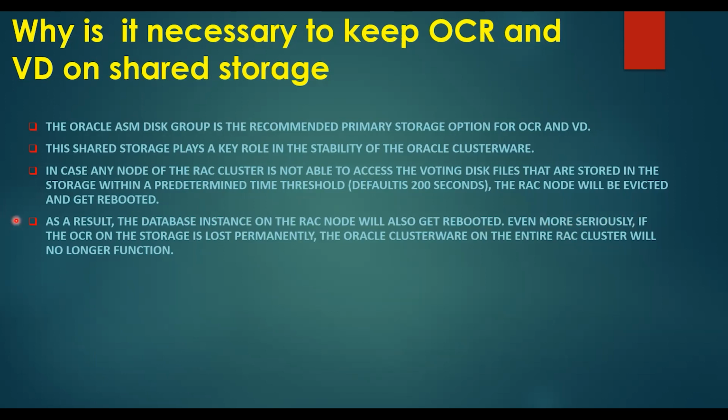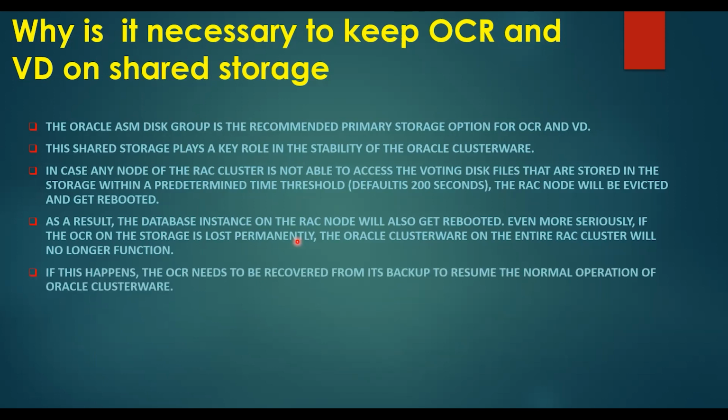Even more seriously, if the OCR on the storage is lost permanently, then the entire RAC cluster will no longer be functional. That means it is our duty to protect the entire clusterware, so it has to be on the shared storage to avoid any kind of node eviction. Okay, and the OCR needs to be recovered from its backup to resume the normal operation of the cluster.